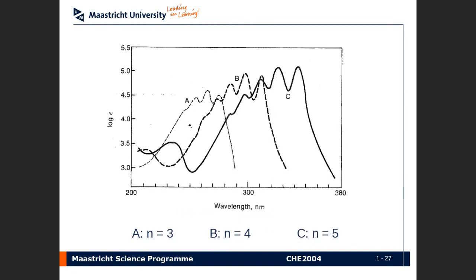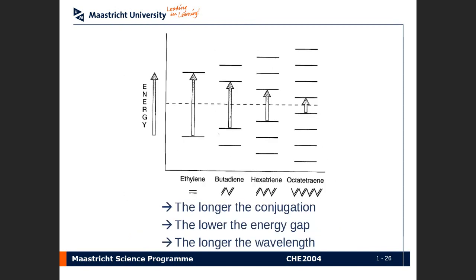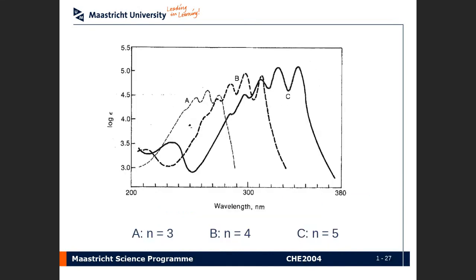And that's just the number of double bonds. So we're looking at basically this guy, and the next one in the series, okay? And you can actually see that you have this beautiful shift as evidenced by the reduction in this pi to pi star energy gap, right, as a result of increased conjugation.